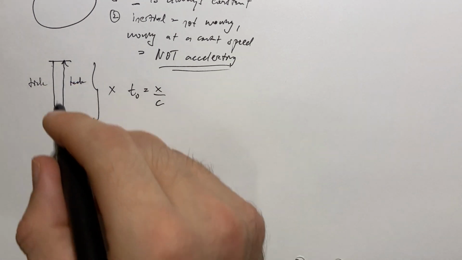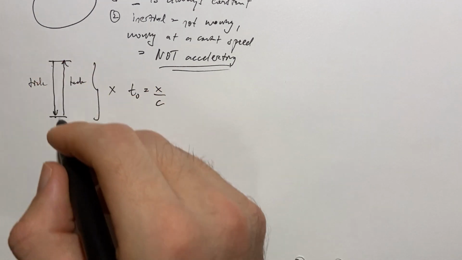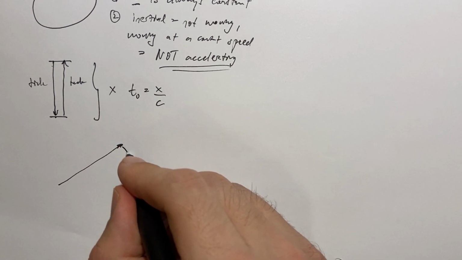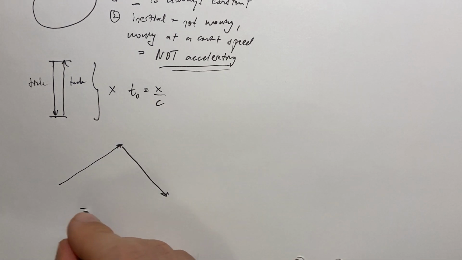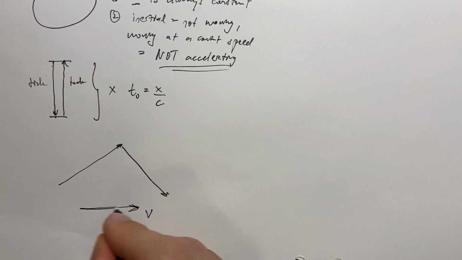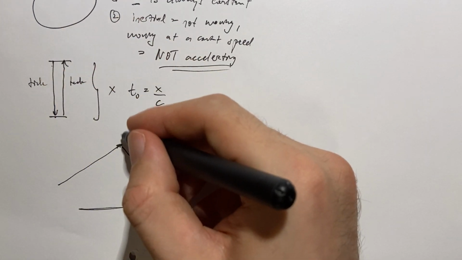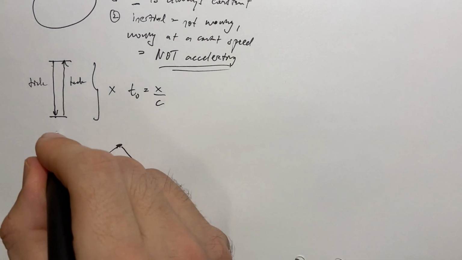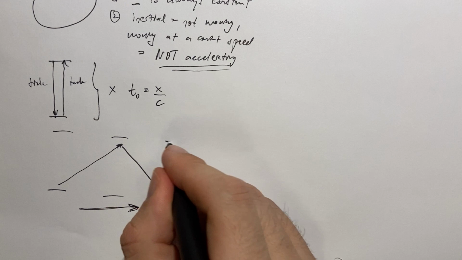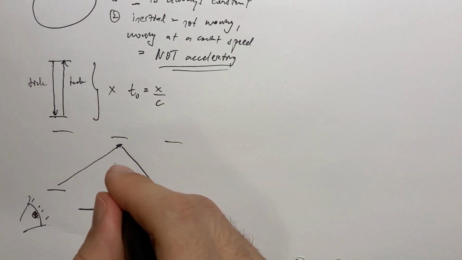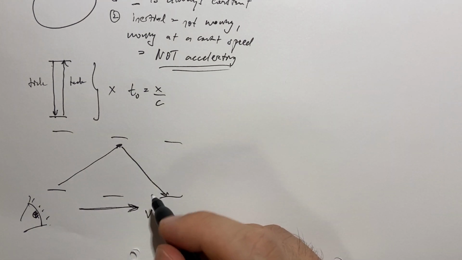He will see that this beam of light is not moving up and down like this, but more in a zigzag motion like this, because the car is moving at the constant velocity v, and the clock is perpendicular to the direction of motion. So this is what the observer at the side of the road will see when he looks at the clock inside the car.